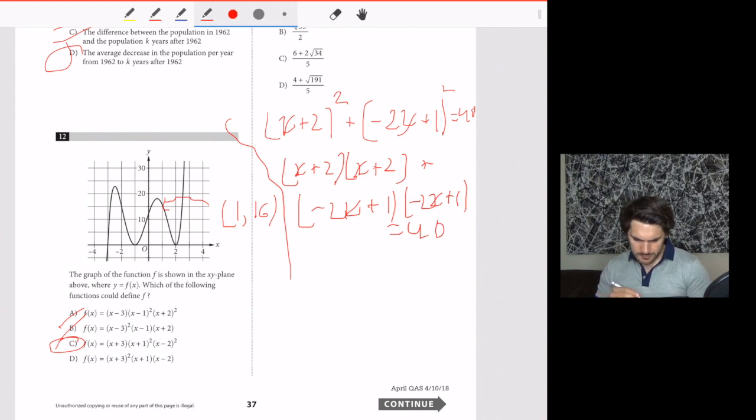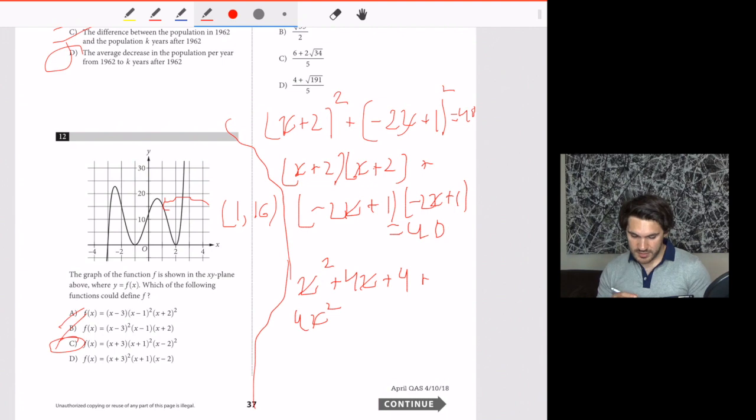Great. So now we're going to FOIL out the x plus 2 and x plus 2. That's going to give us x squared plus 4x plus 4. Then we're going to FOIL out the negative 2x plus 1 times negative 2x plus 1. So plus negative 2x times negative 2x is 4x squared.